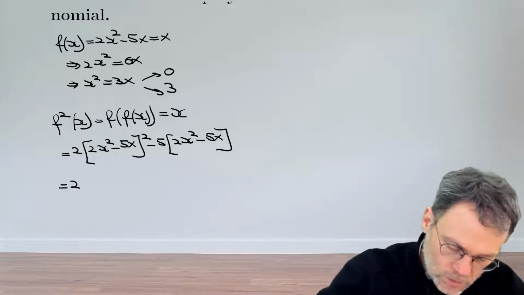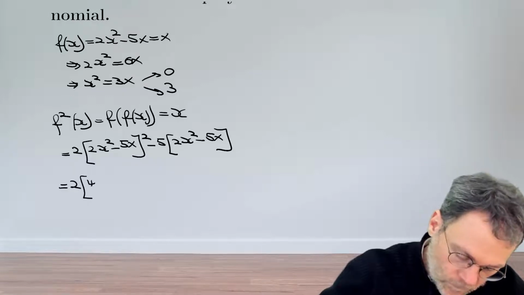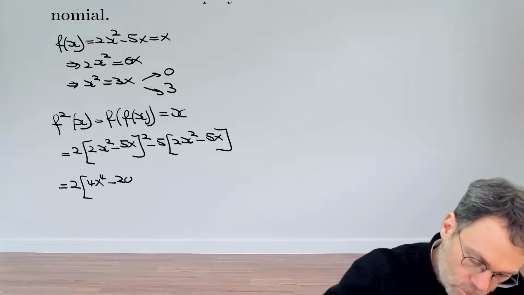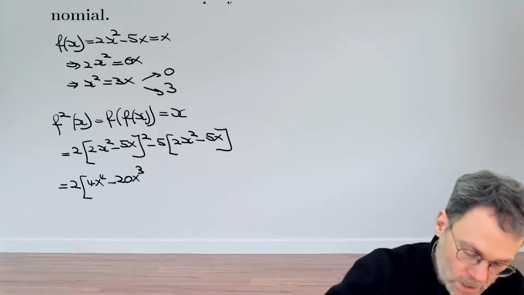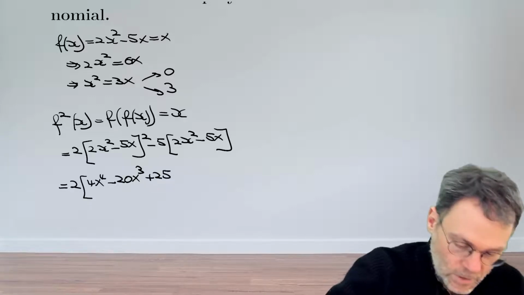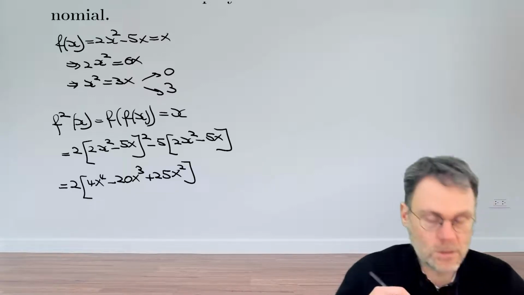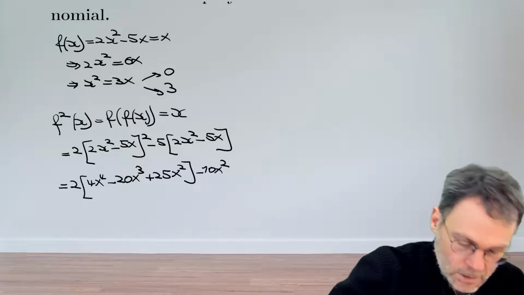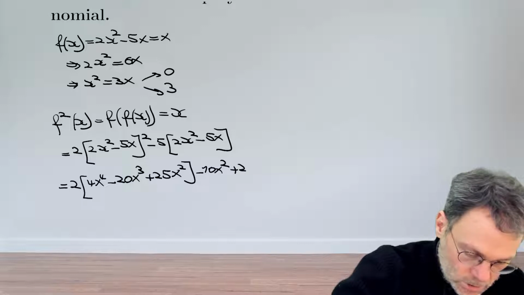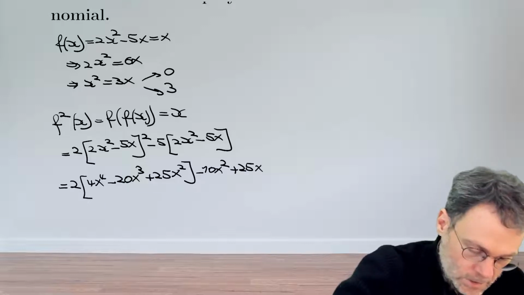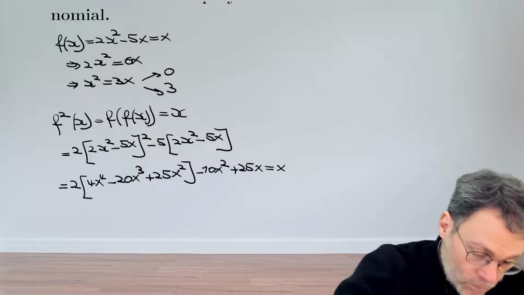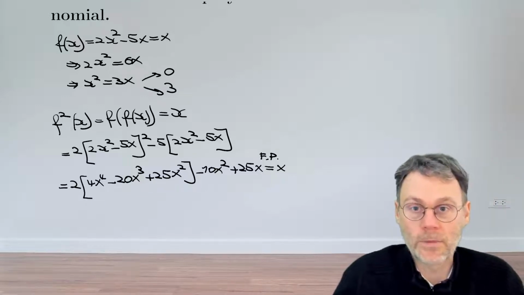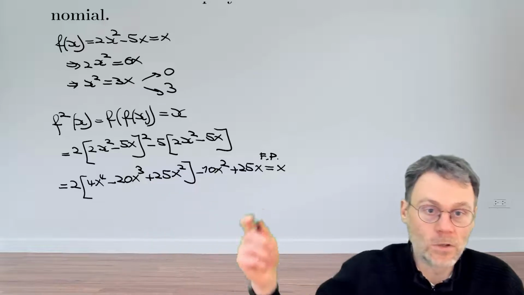That's going to be 2 times 4x to the power of 4 minus 20x to the power of 3 plus 25x squared, and then minus 10x squared plus 25x. Since we're looking for fixed points, that should be equal to x. So here's an equation that we need to solve.